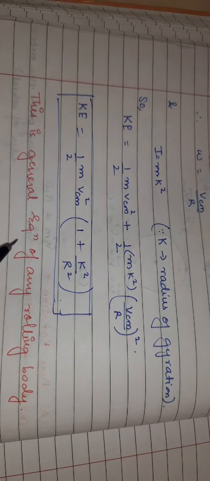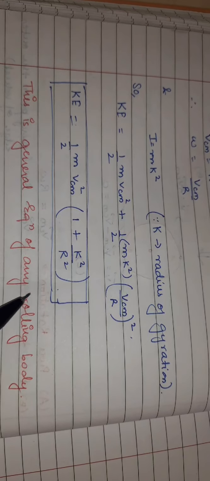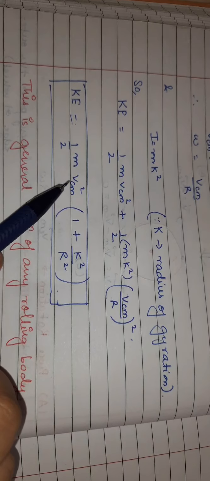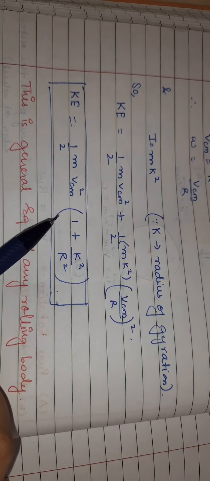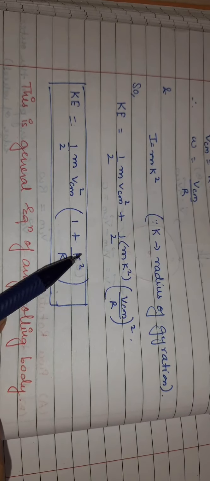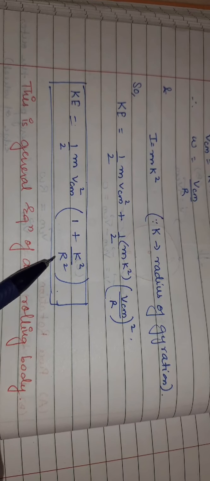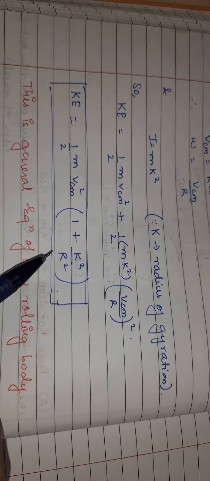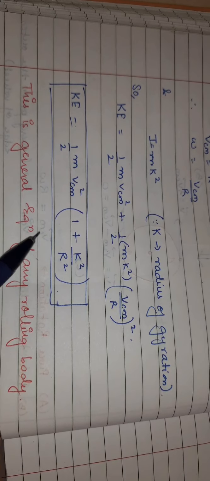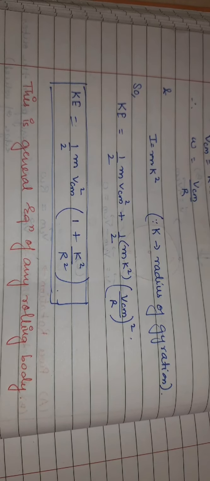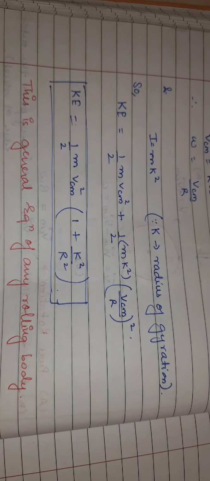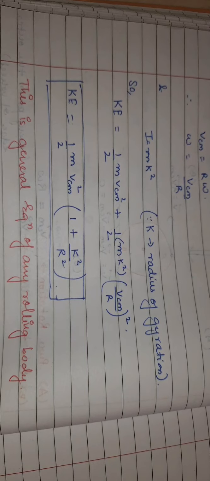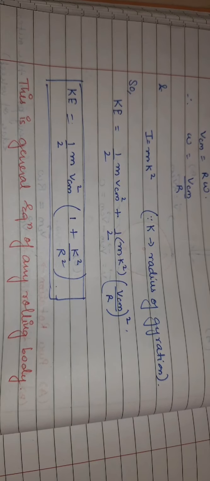This is the general equation for a body moving in rolling motion, where vcm is the velocity of the center of mass, k is the radius of gyration, and r is the radius, the distance from the axis of rotation. So this is all about the kinetic energy equation of any body moving in rolling motion.